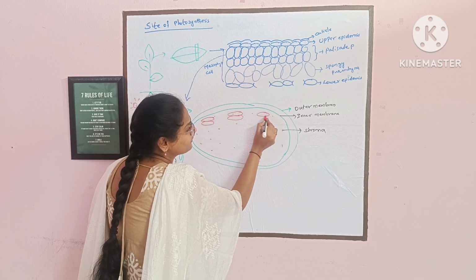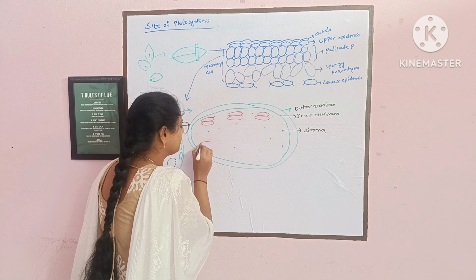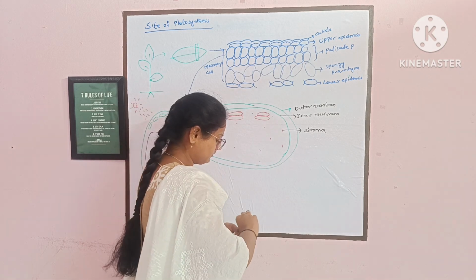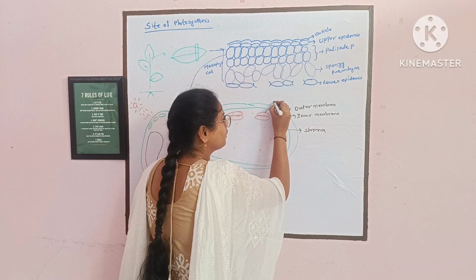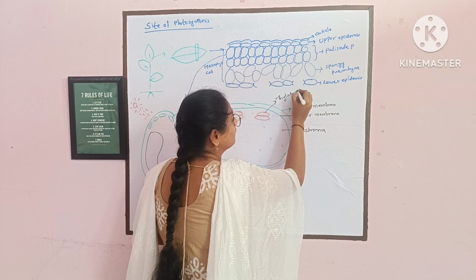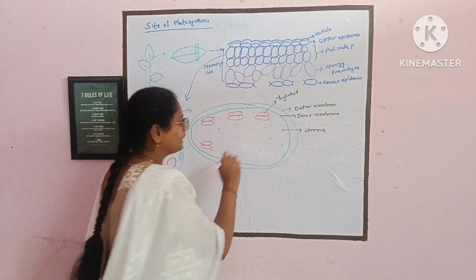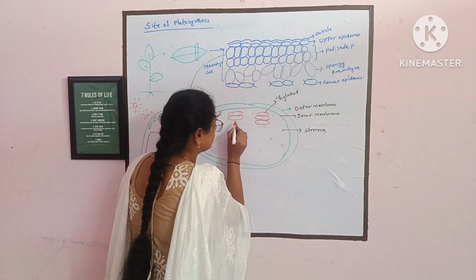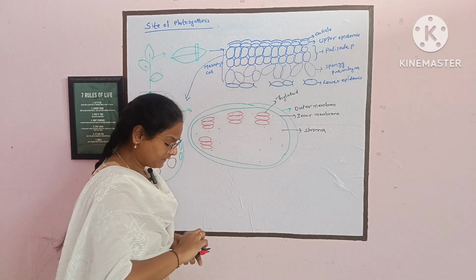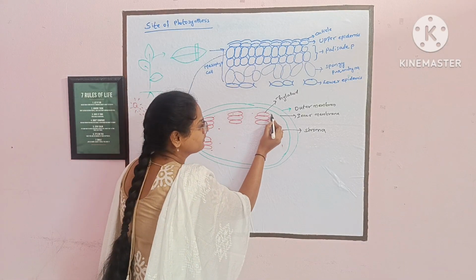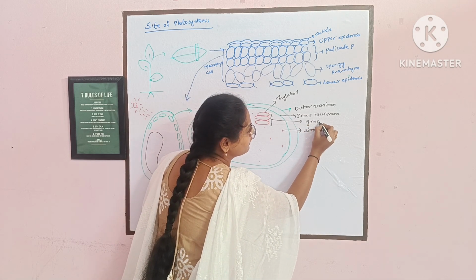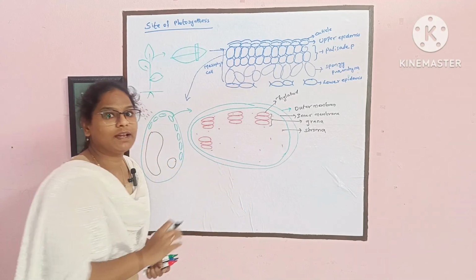Let me discuss this very shortly. This one sac is called thylakoid, and a pile of thylakoids forms grana. Just observe the parts which are present in the chloroplast.